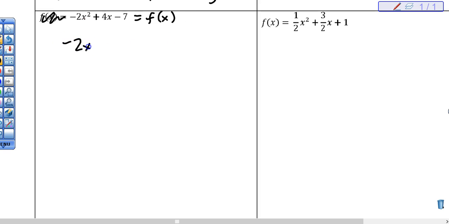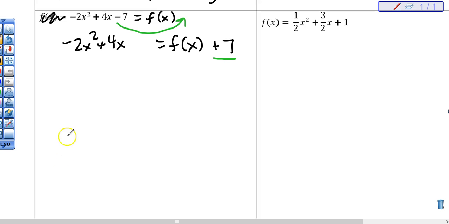So -2x squared plus 4x, leave a space, equals f of x plus 7, because I am moving this -7 to the other side. Okay, we're going to factor out the a, so we're going to factor out -2. So imagine that you're dividing a -2 out of -2. -2 divided by -2 is positive 1.